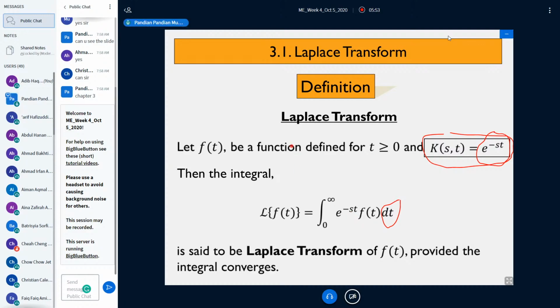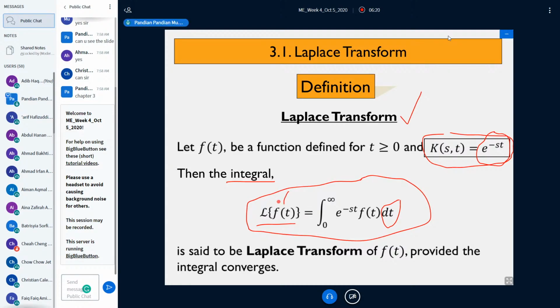So from integral transform, we create Laplace transform. This is our topic. Let f(t) be a function defined for t greater than 0 and K(s,t) equals e to the power minus st. So the integral becomes the Laplace transform of f(t), defined as the integral from 0 to infinity of e to the minus st times f(t) dt. This is the definition for Laplace transform.